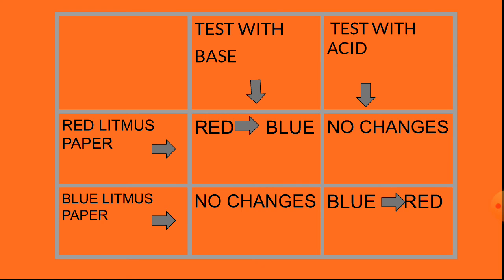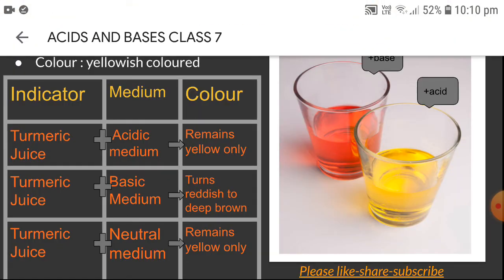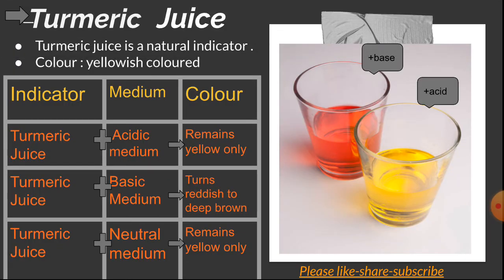Litmus paper. Now we are going to see what is turmeric juice. Turmeric juice is a natural indicator. Its color is yellowish. Here I have again made a table which shows which color turmeric juice gives when added to an acidic medium.